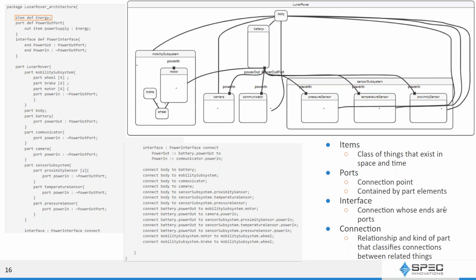So items are classes of things that exist in space and time, but are not considered parts of the system. They may be things that are stored in and or flow between parts of a system. So it's important to note that all parts can be treated as items, but all items are not parts. So in this instance, in the upper left, I have defined an item energy.